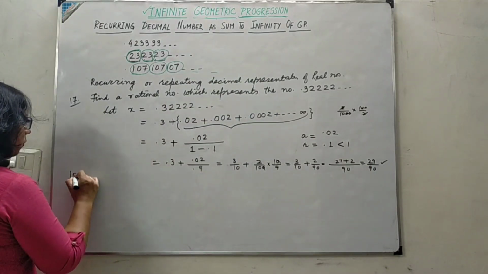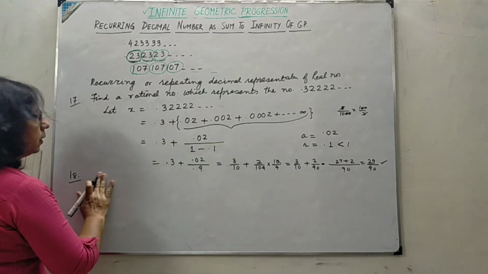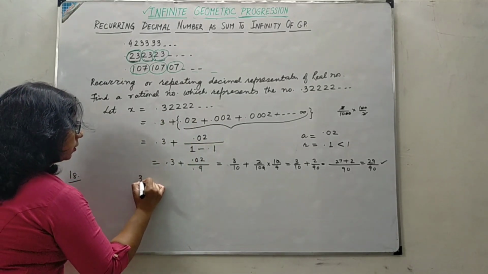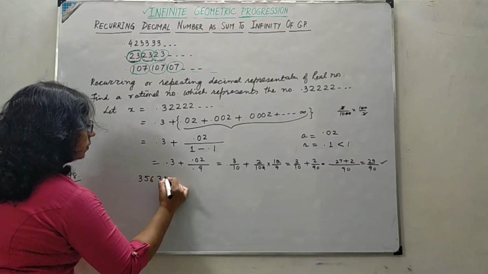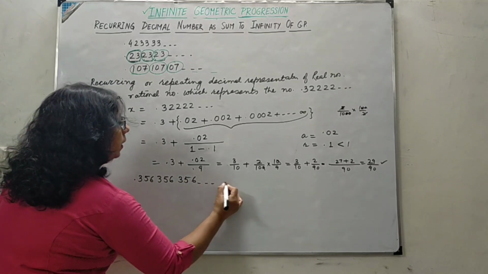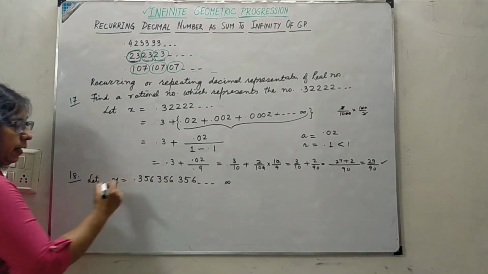So now let me take one more example. Find rational number which represents the number. I may take the number as 0.356, 356, 356 up till infinity. Now again let me write this number as y.